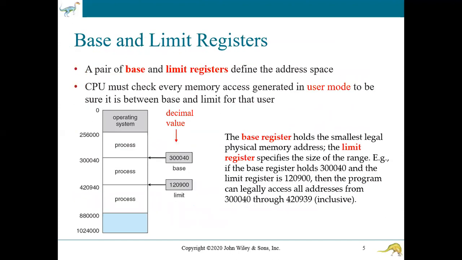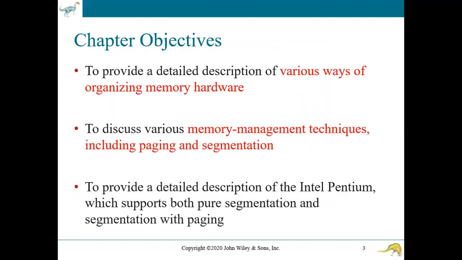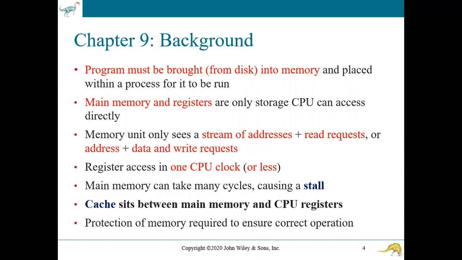I think I gave you only this one, so we didn't go formally. I went very quickly. There are various ways of organizing the memory hardware: memory management techniques, including paging and segmentation. Then we are going to see some of those implementations in the Intel Pentium, which supports pure segmentation and also segmented pages.